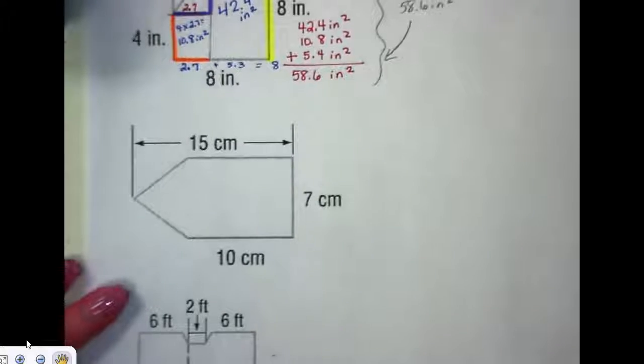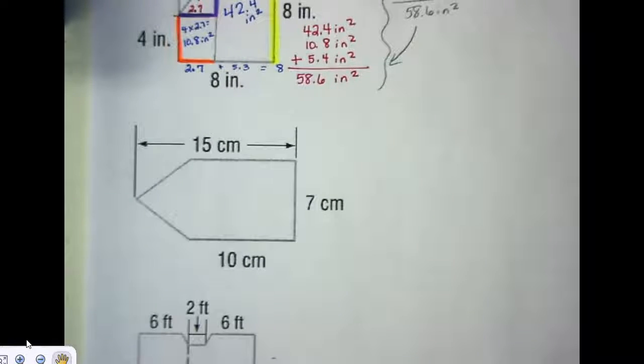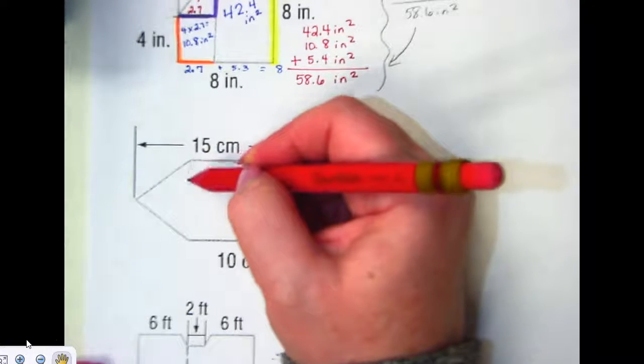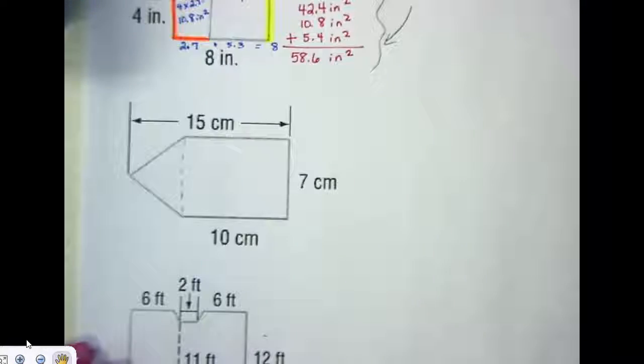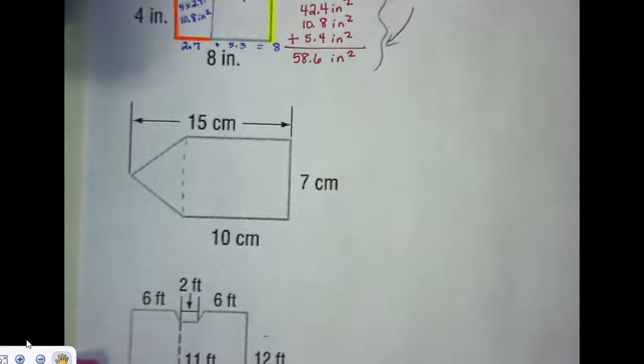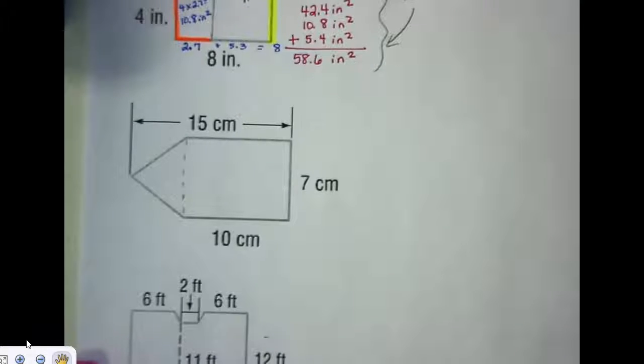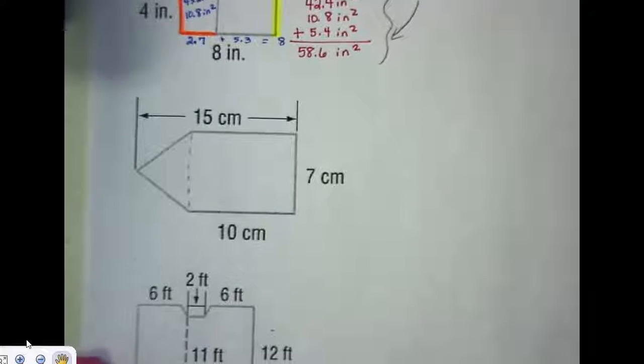All right, let's look at this next one. What shapes are we going to break it into? A rectangle and a triangle. We're going to break it right there. I want you to think about what we're going to multiply together for the rectangle. What's going to be the base and the height of the rectangle? Talon. 15 times what?